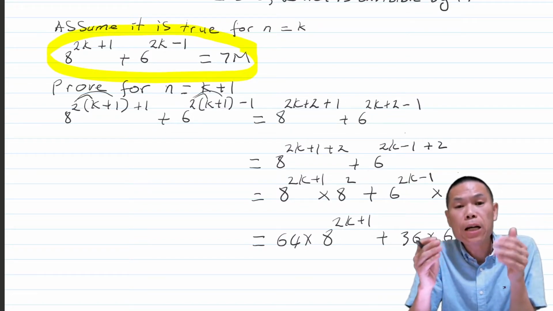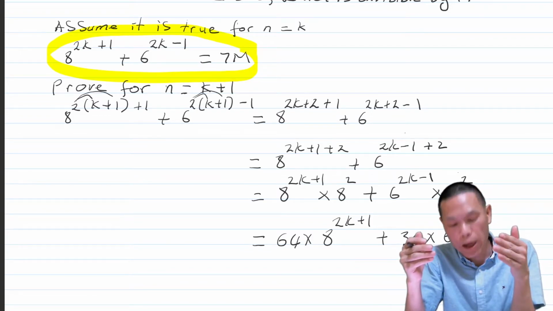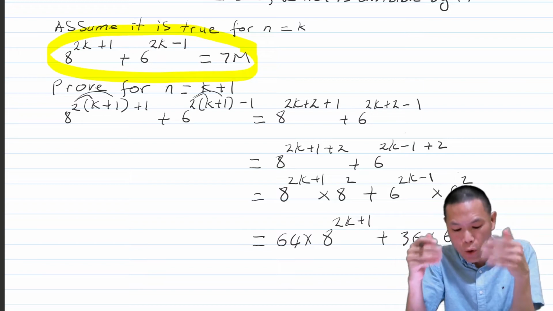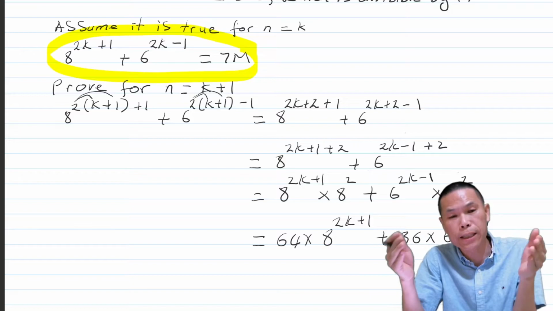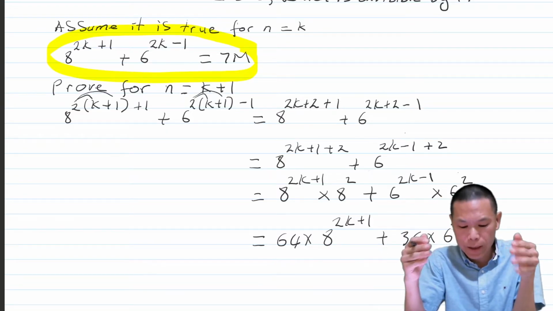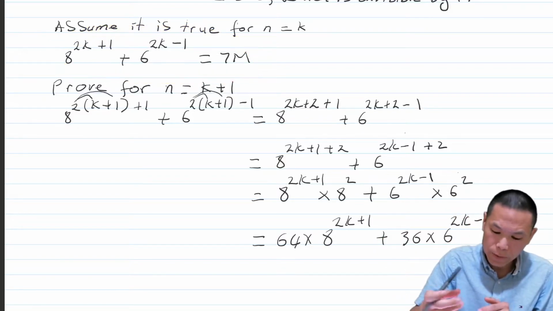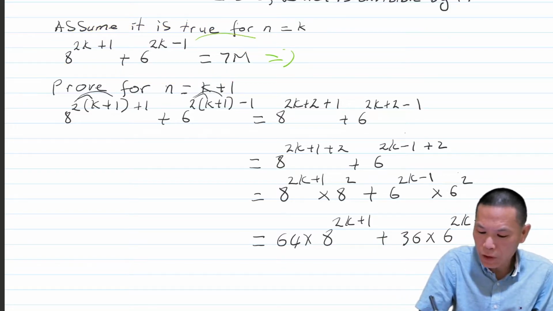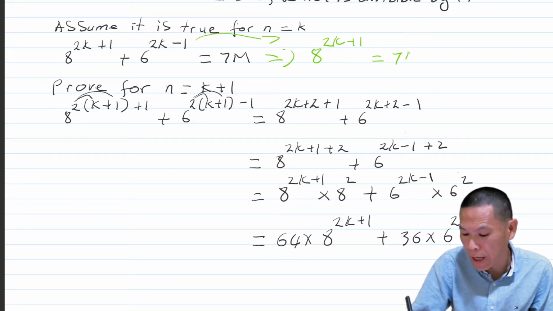So we can either rearrange these equations to make 8^(2k+1) the subject, or I can make 6^(2k-1) the subject. Doesn't really matter. But let's make 8^(2k+1) the subject, okay? So I move this to this side, so that means 8^(2k+1) is equal to 7m minus 6^(2k-1).